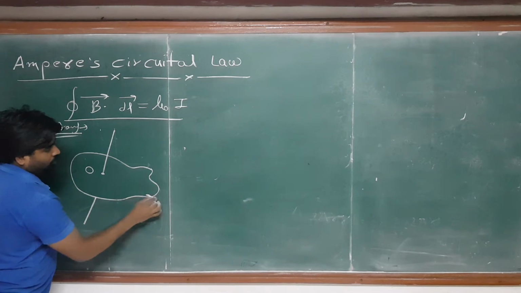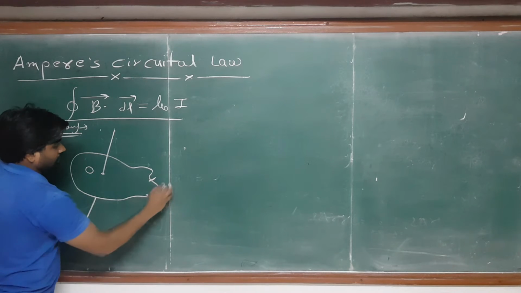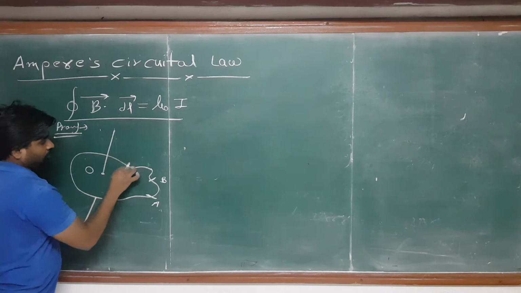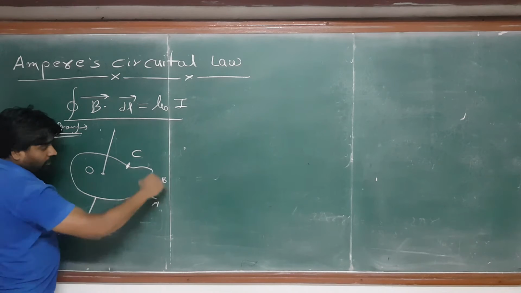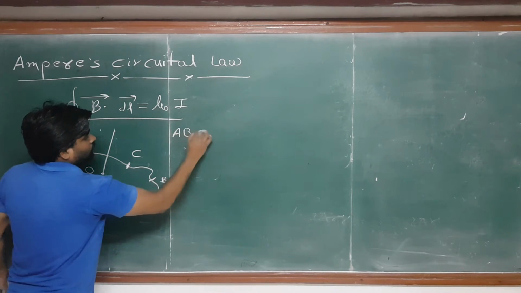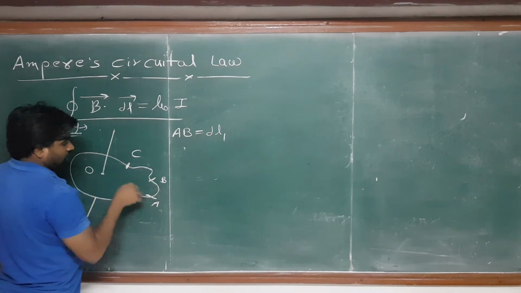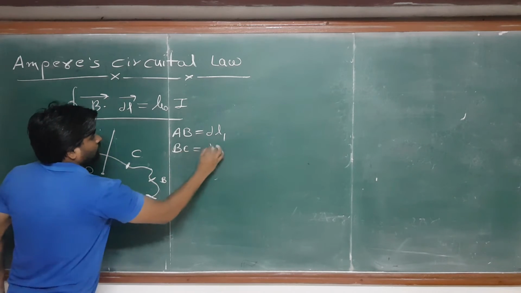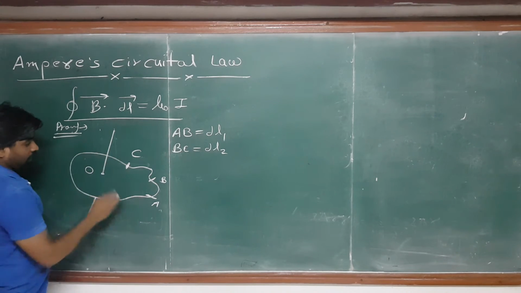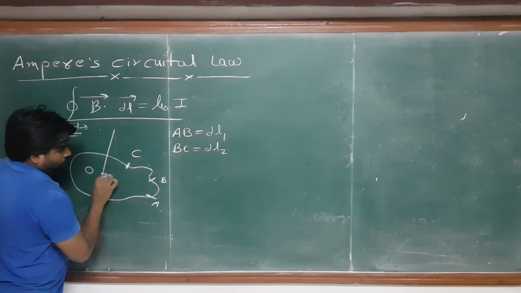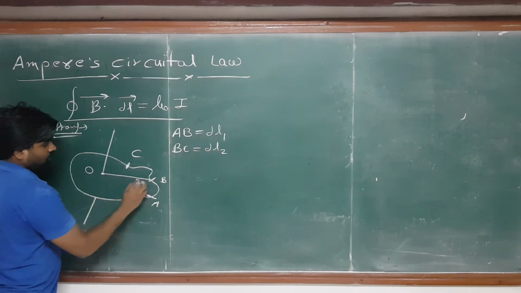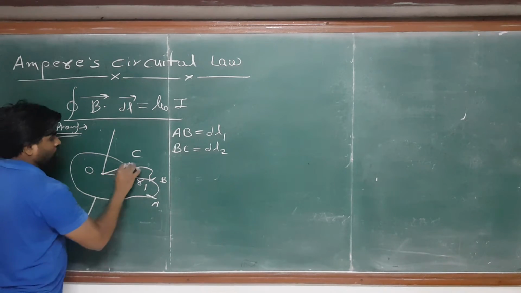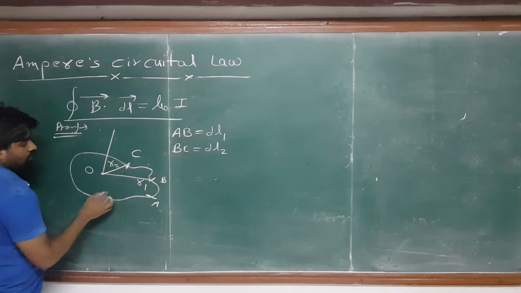I have taken this point A and B, and this is point C. The length AB is equal to dl1, length BC is equal to dl2, and the radius from O to B is R1 and radius from O to C is R2.